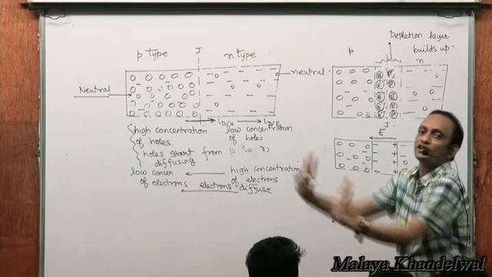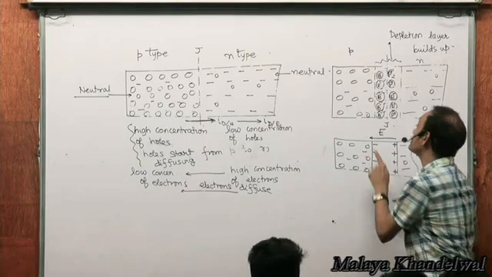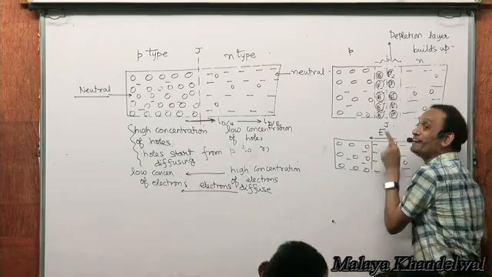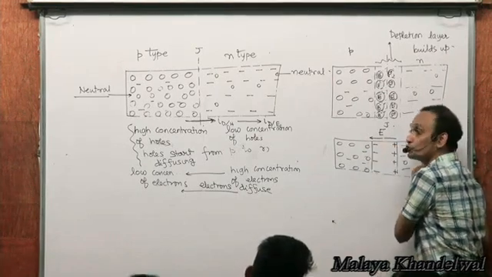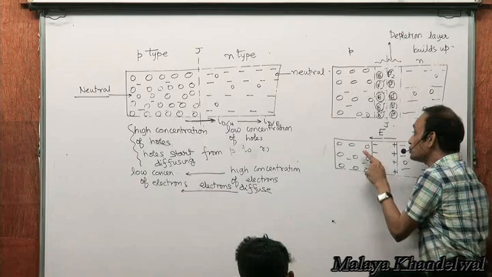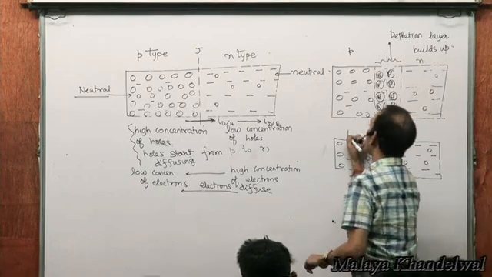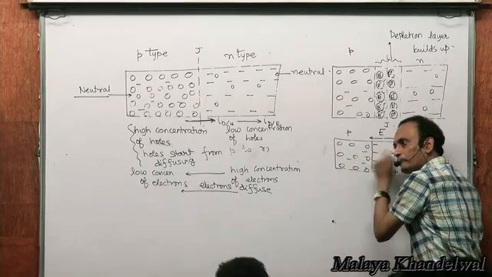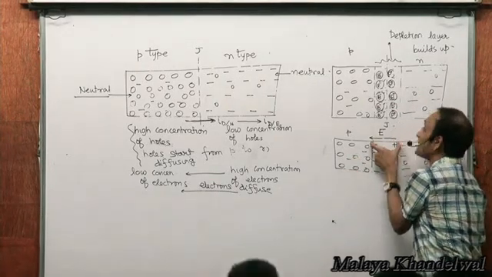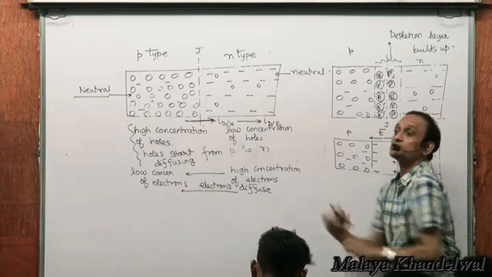Positive charges are encouraged to move in the direction of the electric field. So these holes from the p-type, that were conveniently diffusing from p to n, now find this electric field an opposition, a stumbling block.